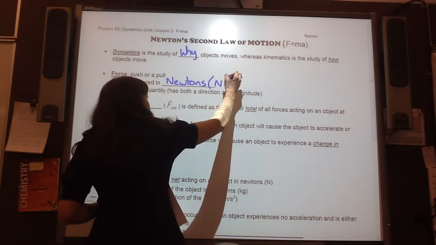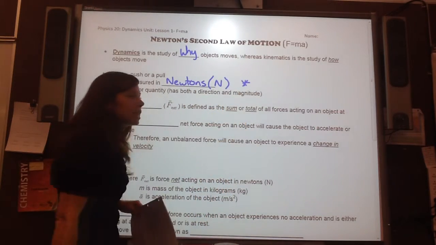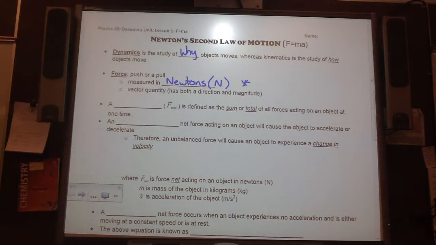You need to remember that. Throughout this whole unit, we're going to be looking at lots of different types of forces, whether it's the force of gravity, the force of tension, whatever, it's always measured in newtons. It is a vector quantity. It has both direction and magnitude.